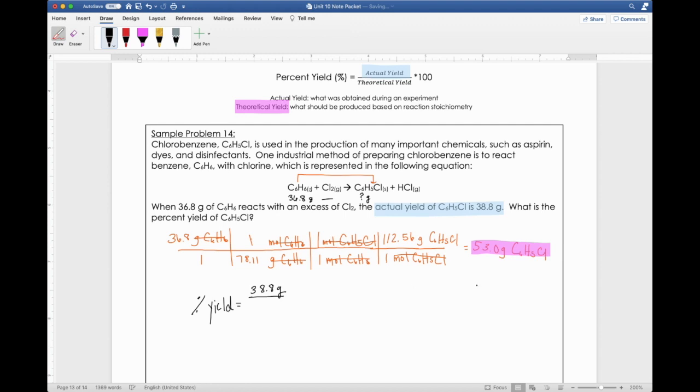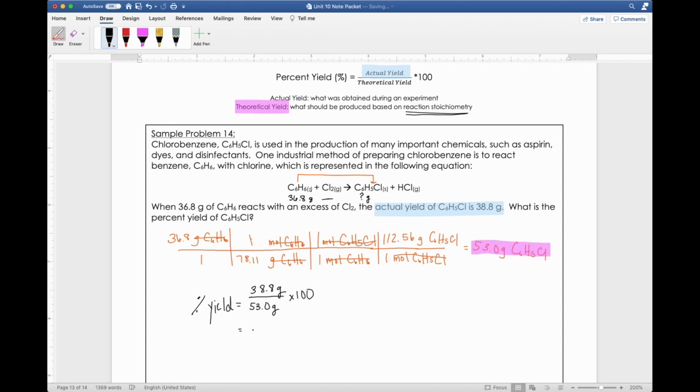And divide that by your theoretical yield. That's what you could produce. And again, you have to find this using the reaction stoichiometry. So that's important there. You can only find that theoretical yield based on a mass-mass problem. And since this is a percent, we'll times that by 100.